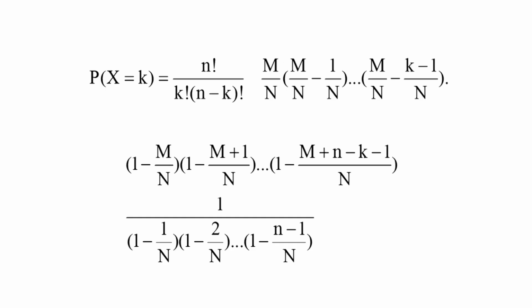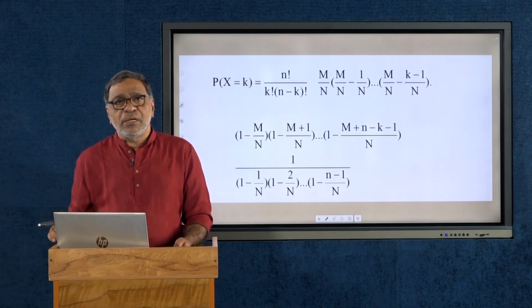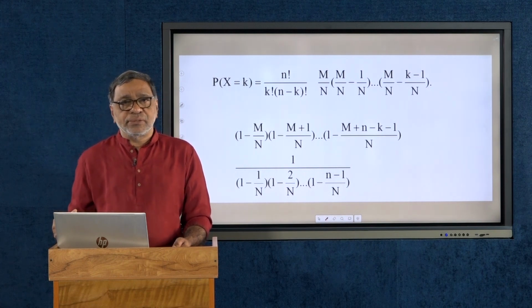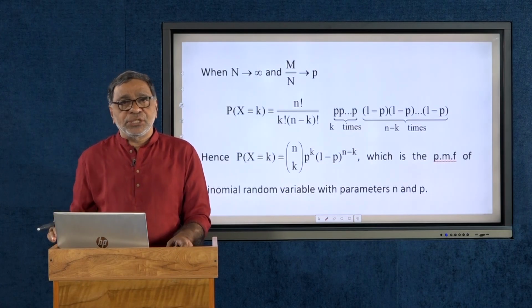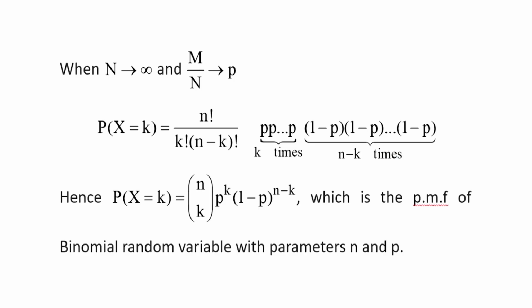We have M divided by N, M divided by N minus 1 divided by N, etc., up to M divided by N minus k minus 1 divided by N. Then 1 minus M divided by N, 1 minus M plus 1 divided by N, etc., up to 1 minus M plus n minus k minus 1 divided by N, into 1 divided by 1 minus 1 by N, 1 minus 2 by N, etc., up to 1 minus n minus 1 divided by N. That is obtained by making the expressions in terms of M divided by N and 1 by N. After this, we apply the condition N tends to infinity and M divided by N tends to p, then this is the value.